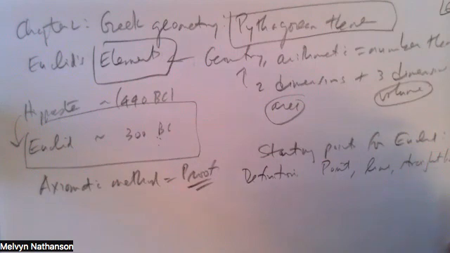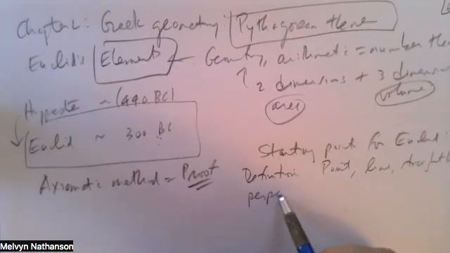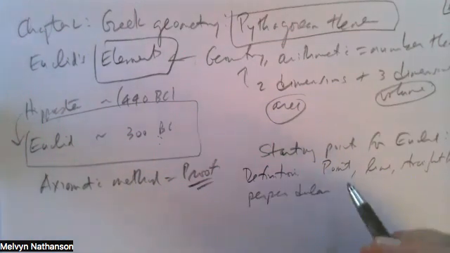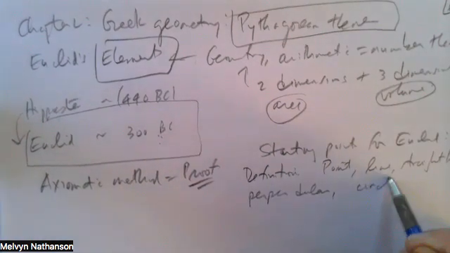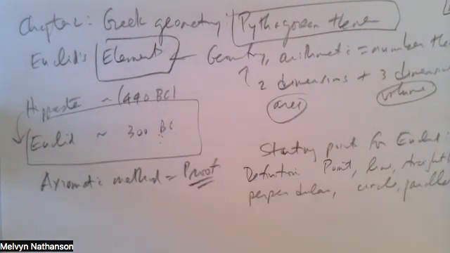He defines a straight line. He defines what it means for two lines to be perpendicular. He defines a circle. He defines what it means for lines to be parallel.